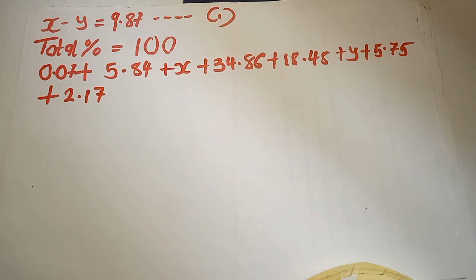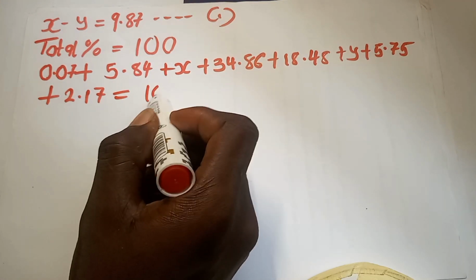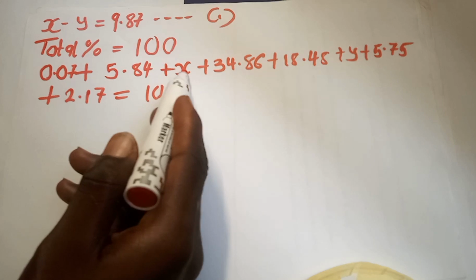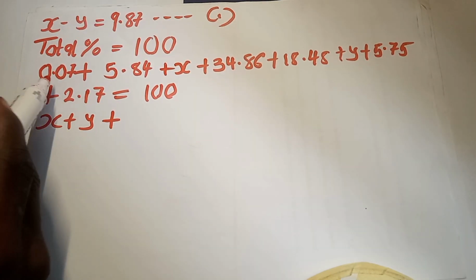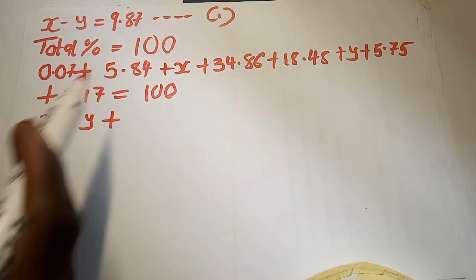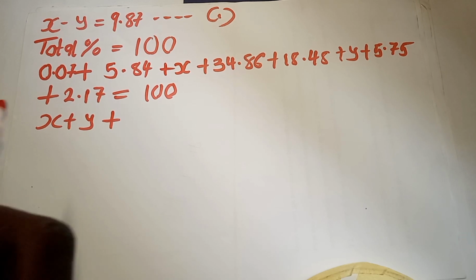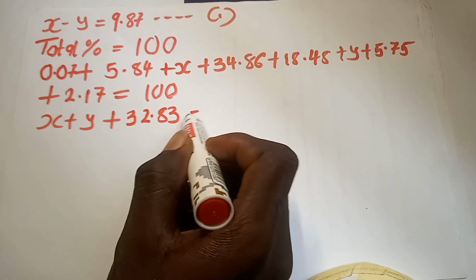So I have the total percentage of material retained equals 100. So I'm going to be having x plus y, plus 0.07 plus 5.84 plus all these numbers. We are going to be having x plus y plus 32.83 equals 100.